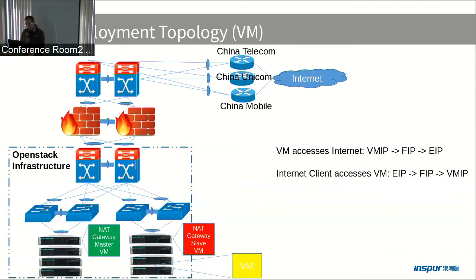Here we can deploy two NAT gateway nodes into two VMs. Every VM runs on a different compute node. Here the process is similar. Here the VM gateway just uses a provider network, not a tenant network.